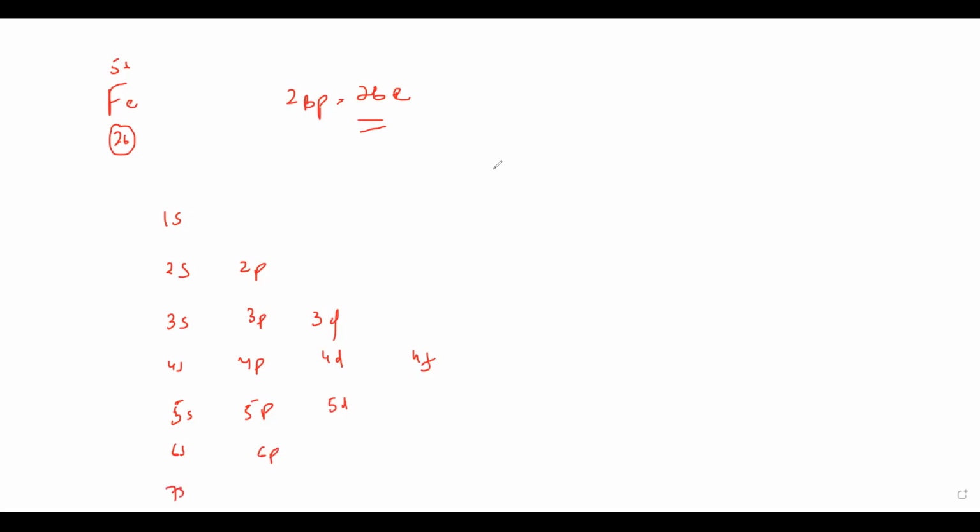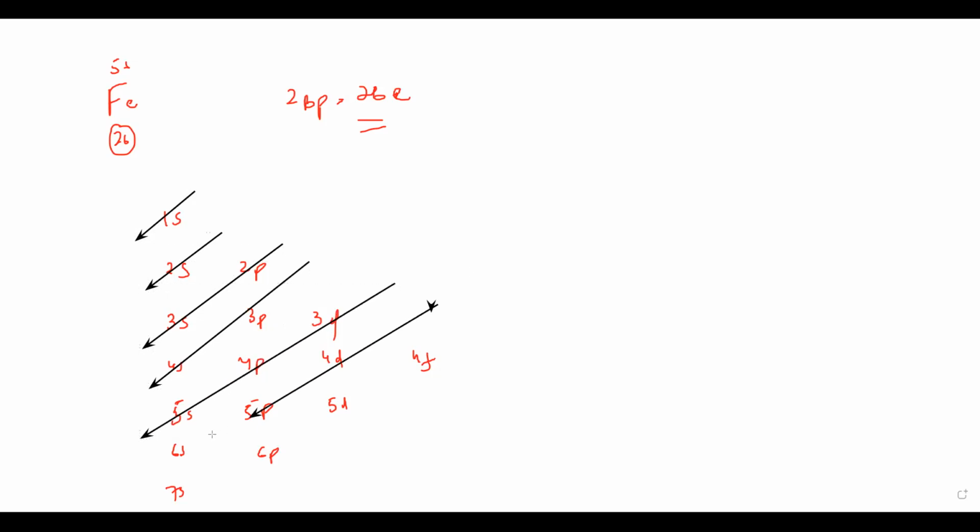So how will the filling up take place? First electron will go to 1s, then 2s, then 2p, 3s, then 3p, 4s, then 3d, 4p, 5s, then 4d, 5p, 6s, and then 4f, 5d, 6p, and 7s.